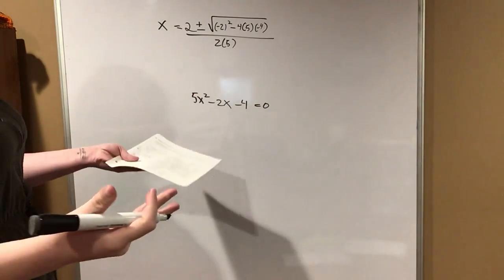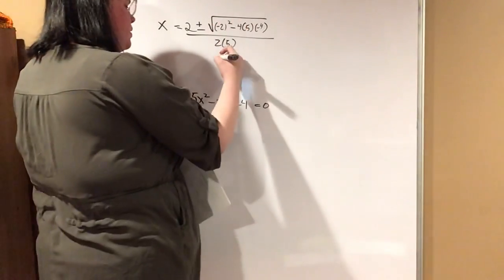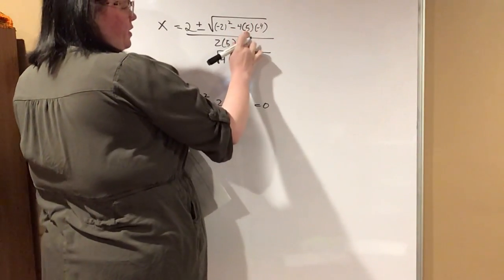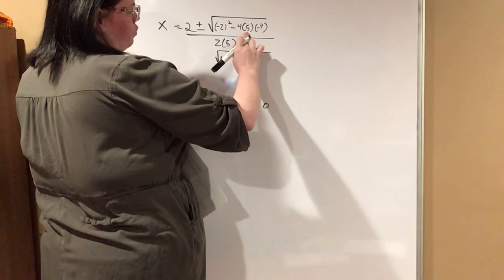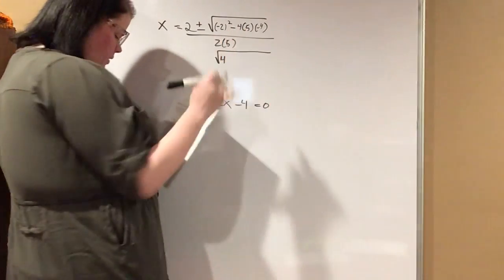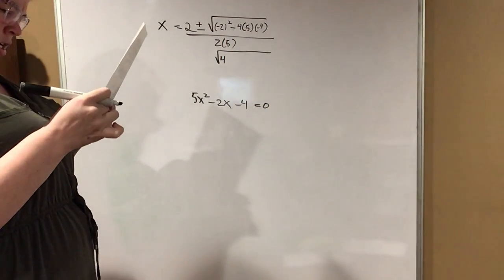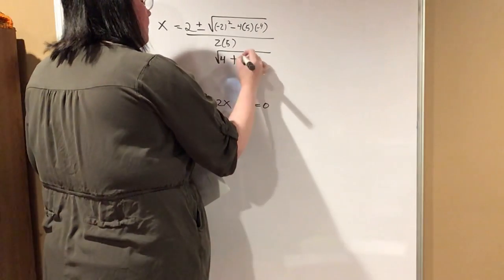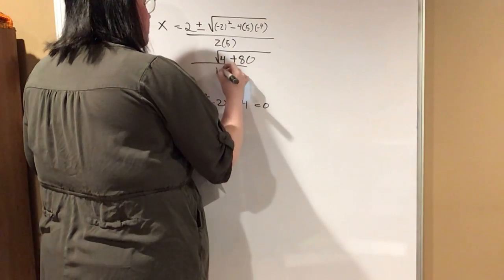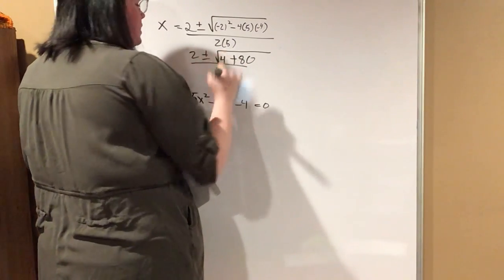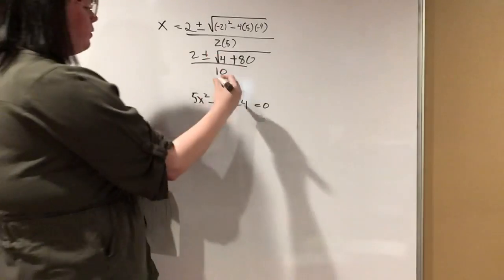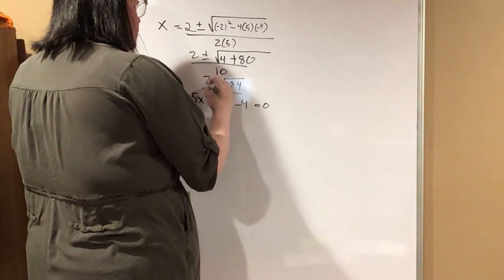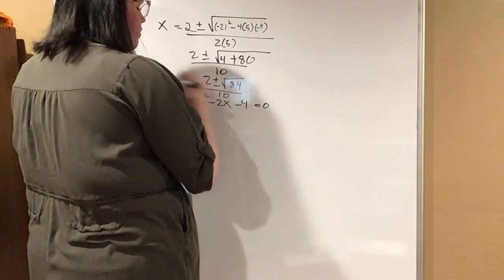Okay, so now solve it. Negative 2 times negative 2 is 4. Negative 4 times 5 is negative 20. And then negative 20 times a negative 4 is 80. And then that's over 10, and then 2 plus or minus that. So then we have 2 plus or minus the square root of 84 over 10, right?